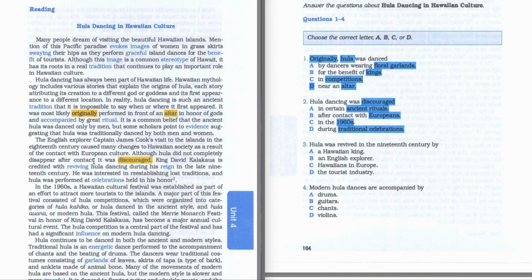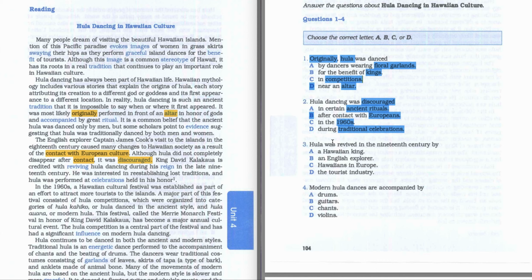And here it says about contact, but contact with who or with what? In the previous question we have an answer, because it says the English explorer Captain James Cook's visit to the islands in the 18th century caused many changes to Hawaiian society as a result of the contact with European culture. So this is going to be the answer to our question. Hula dancing was discouraged after contact with Europeans.